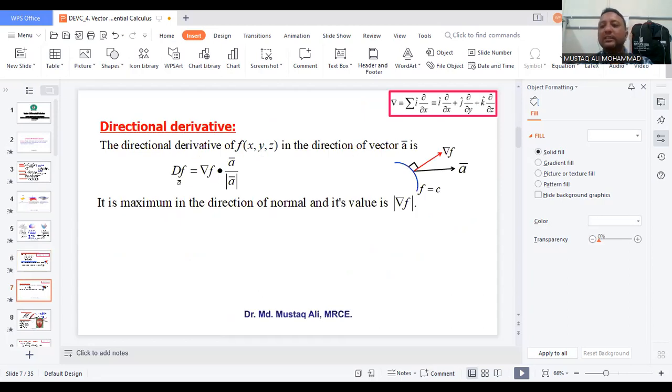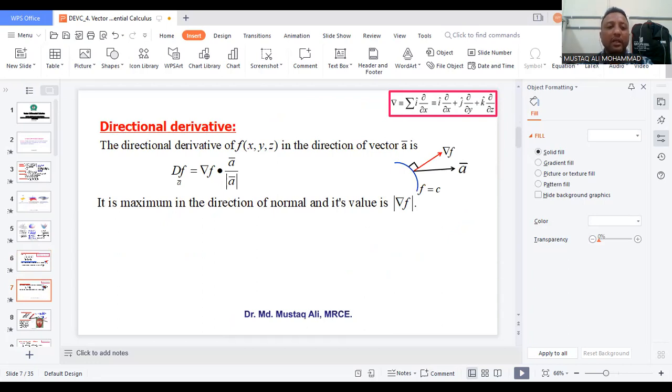Next one is the directional derivative. The directional derivative of f of x, y, z in the direction of vector a bar is D_a f equals del f dot a bar by magnitude of a bar.